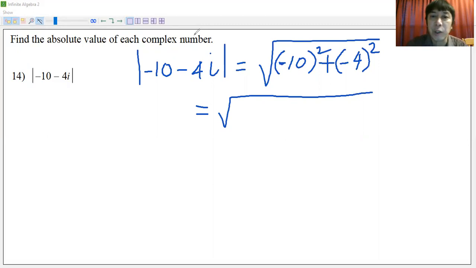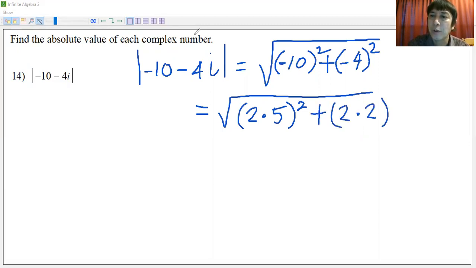So we can just write there 2 and 5, and then you're squaring it like that. And this is also 2 times 2, and then you will square it like that. Now, notice you have a common number 2, and when you square this it will become 4. And then the number beside it, which is 5, will become 25.